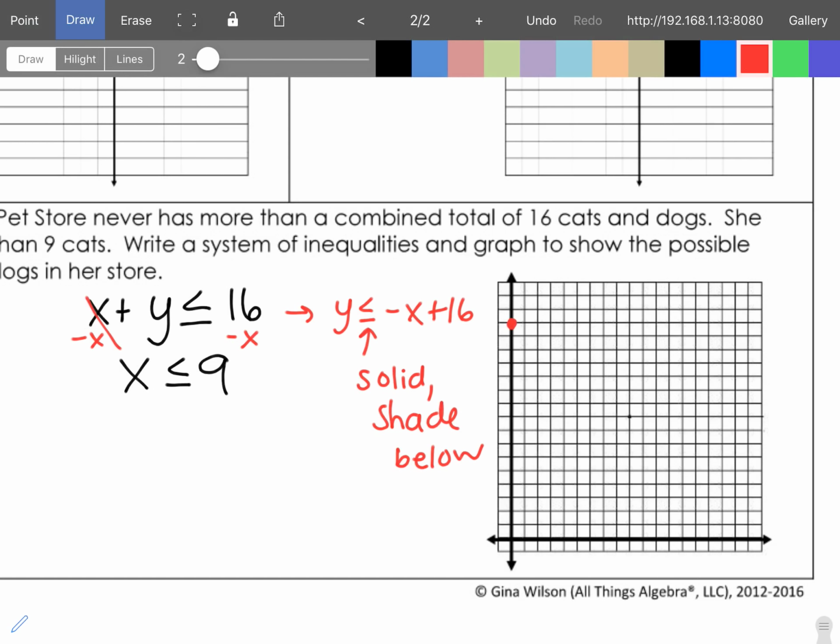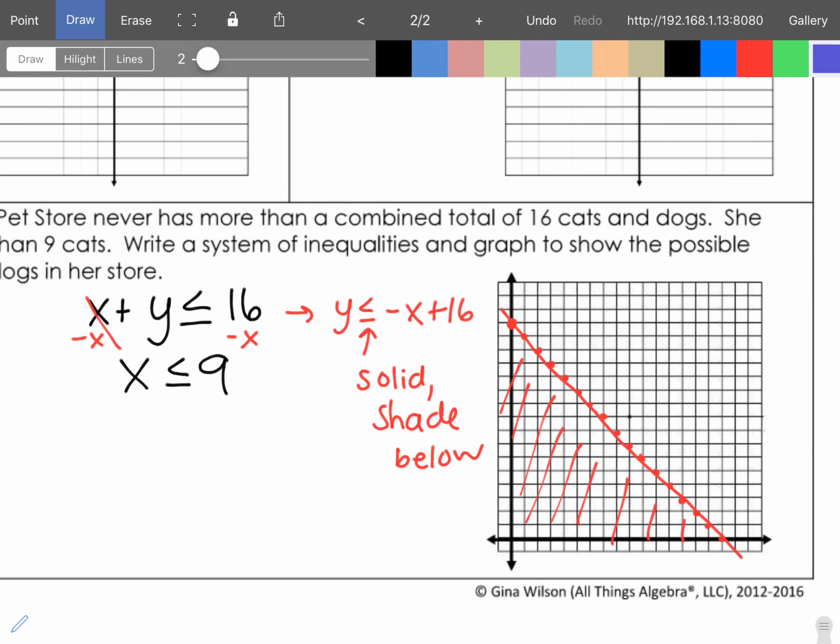And then it says to go down one to the right one. So our slope is down one to the right one. And just because this is such a long line, because we're going all the way clear to the other side of the graph, I'm just going to keep drawing dots here. And I said solid, right? Solid, and then we're going to shade below. So it's going to be all the way over here.